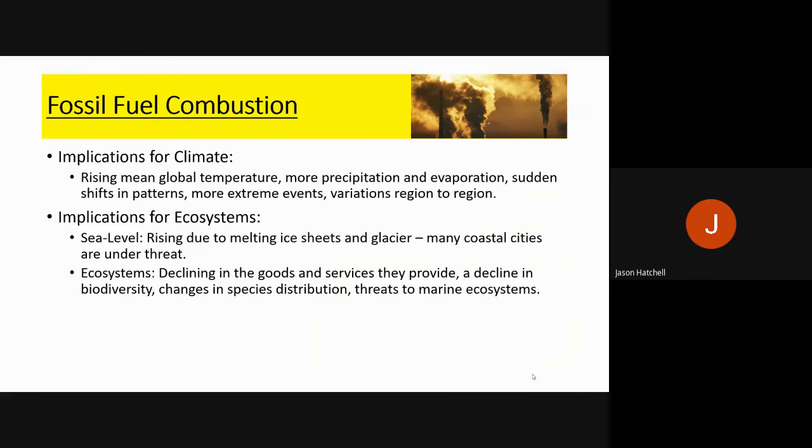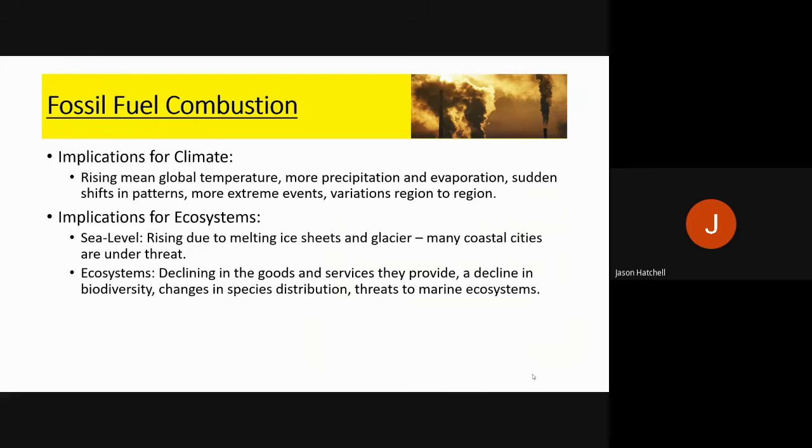But it also has implications for ecosystems. So, for example, sea levels rising due to ice sheets and glaciers melting is affecting the ecosystems of coastal areas. Coastal cities, people are all under threat as a result of sea level rising. And remember, sea level rising is a direct result of global warming, and that is a direct result of fossil fuel combustion.